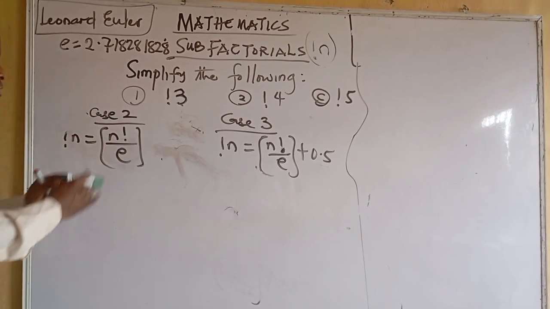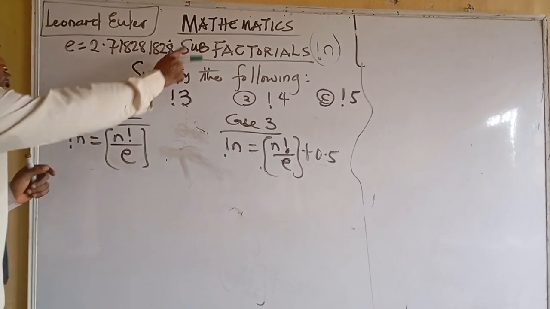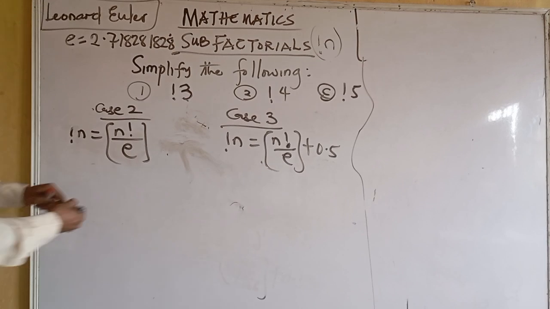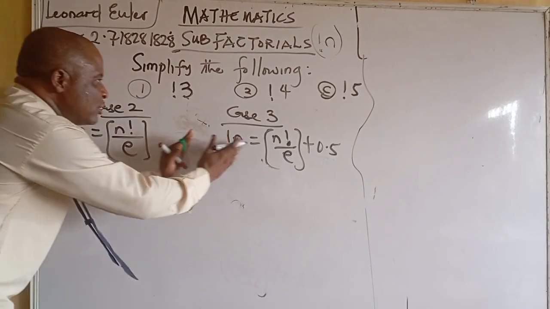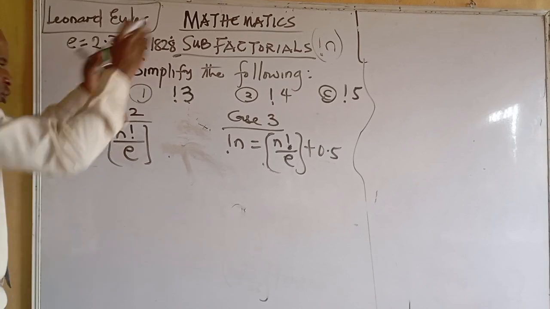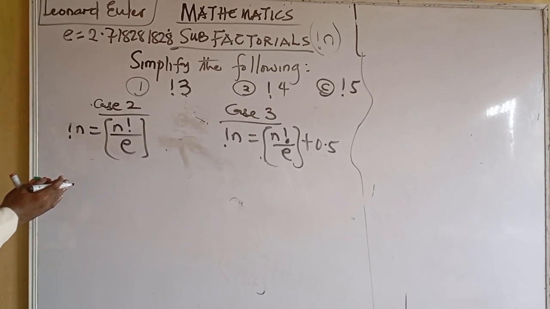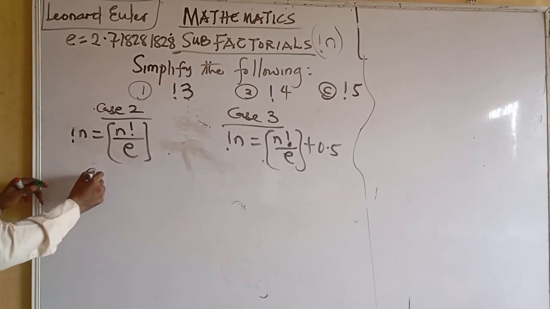Using the formula, we are able to get an answer which was 2, the arrangement under sub-factorial. Now, we use case 2 and case 3 to solve further as a shortcut to the formula that I've applied before. Now, here is e.